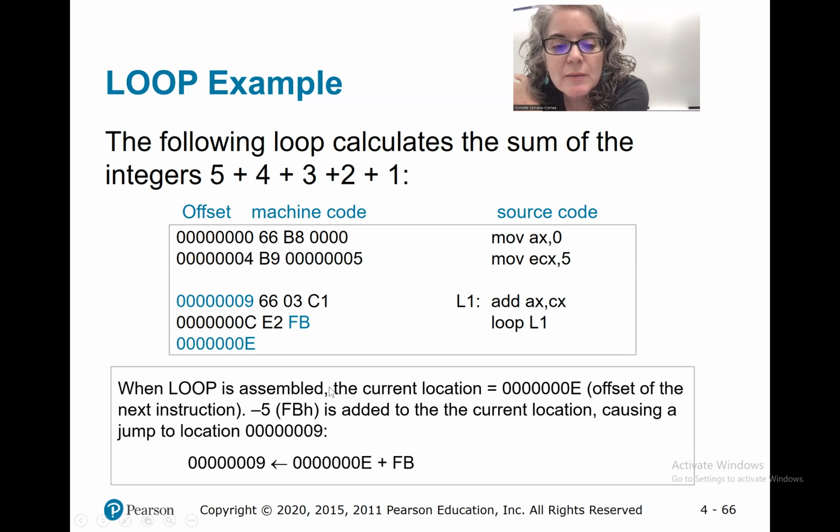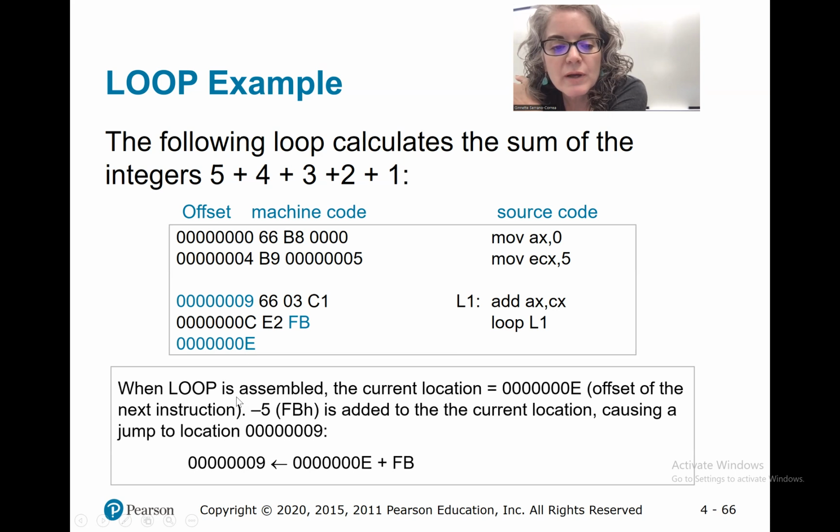When the loop is assembled, the current location, this location right here, offset of the next instruction, -5, is added to the current location, causing a jump to location 9. So the offset is added so that we can then go to this location.